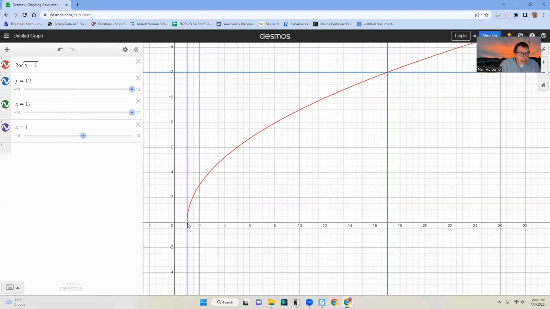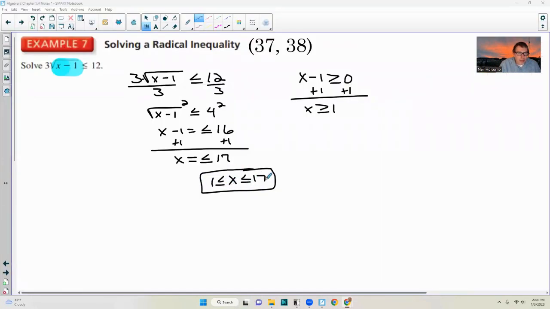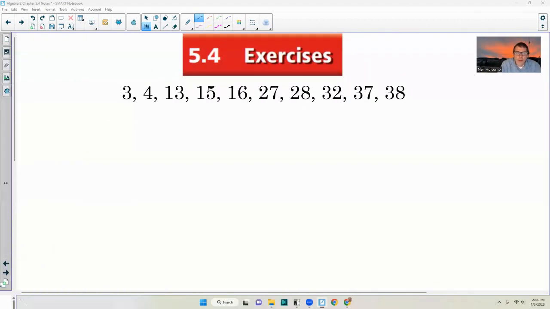So my domain is between 1 and 17. And that's how the graph is explained with our domain values, x being between 1 and 17 inclusive. Okay, hopefully that makes sense to you. And now you should be able to do problem numbers 37 and 38.